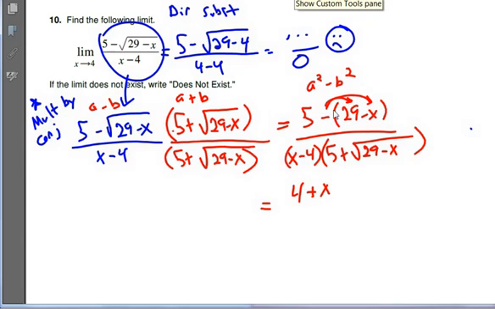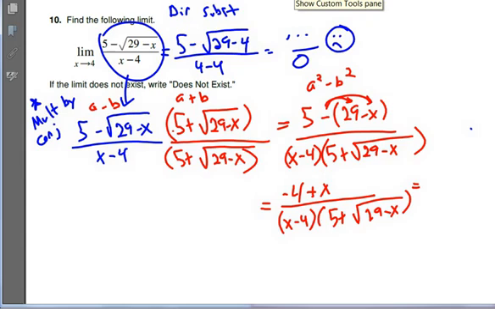So anyway, next thing we'll do is I'm always going to leave that denominator in factored form, just to let you know. I'll distribute that minus sign. So this should be 5 squared, which is 25. So 25 minus 29 is a negative 4, and then a minus and a minus create a positive, so positive x.